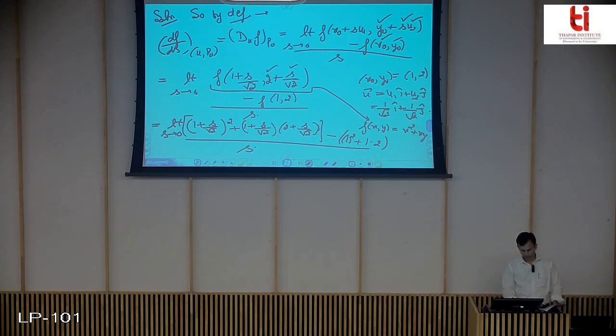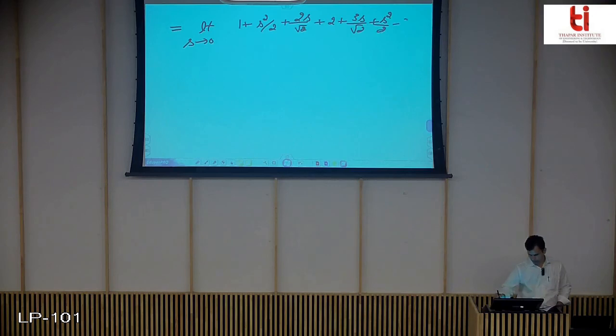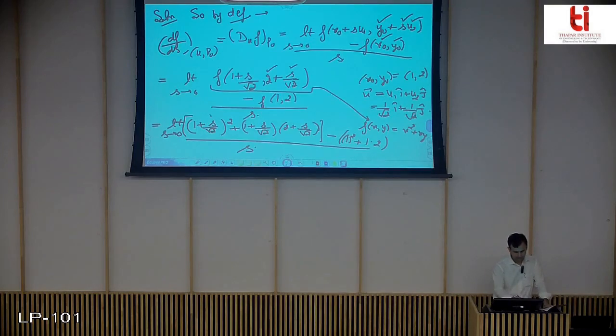Now when you rearrange the terms, this gives you the limit as s tends to 0. I am writing it in the proper form: 1 plus s squared by 2 plus 2s over root 2, plus 2 plus 3s over root 2 plus s squared by 2, minus 3, divided by s. This is what you get when you expand the terms and multiply.